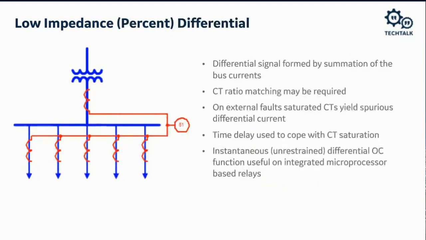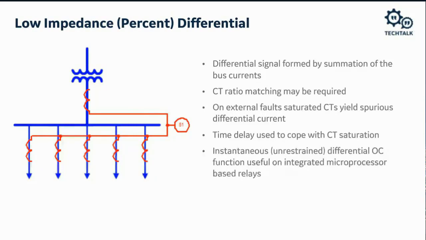As I mentioned, the differential scheme is formed by summation of the differential currents. Ratio matching may not be required, so you might have different ratio CTs. The relay will do the ratio mismatch. For external faults, we can get spurious differential signals, but very small ones.